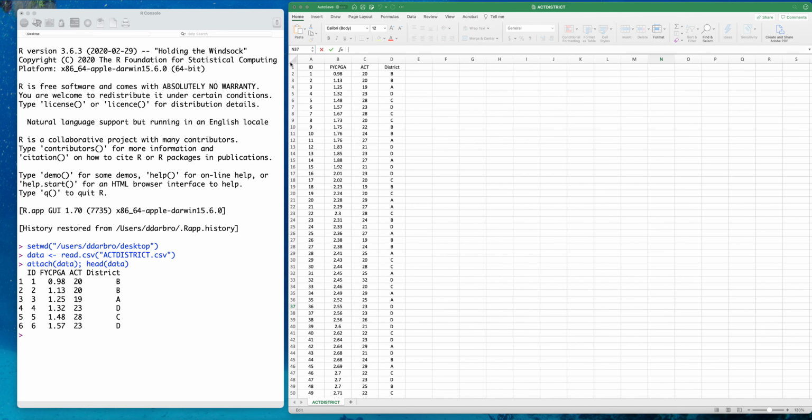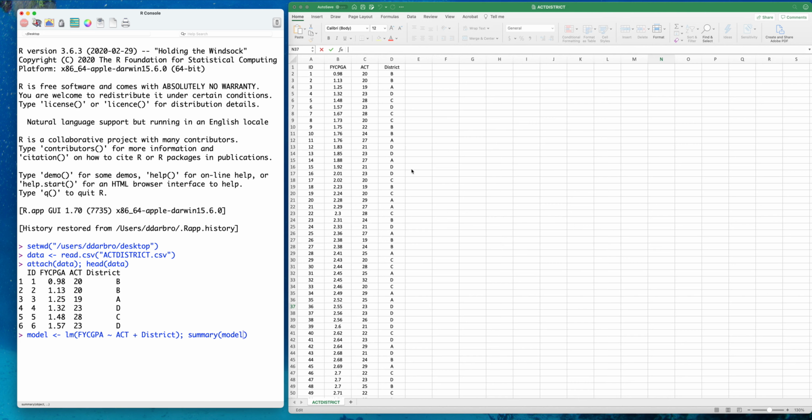Now, let's say we use R straightforwardly, and we just want to create a model to predict first year college GPA from ACT plus the district. Before I hit enter, I'm going to tell you what's going to happen. It's going to select one of these.